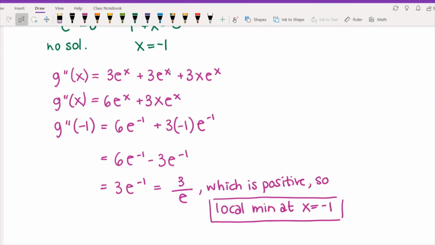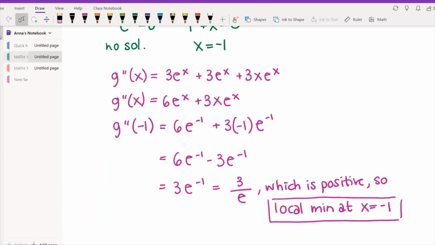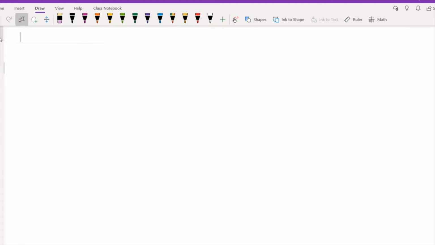So you did this example on your worksheet from yesterday. So you maybe already figured out what the answer is, but I just want to do it this way as well.